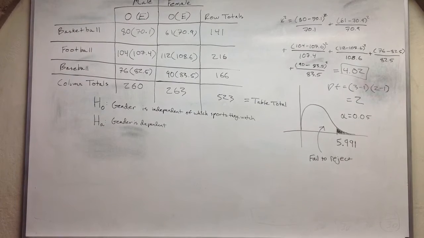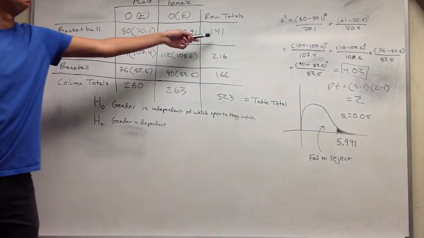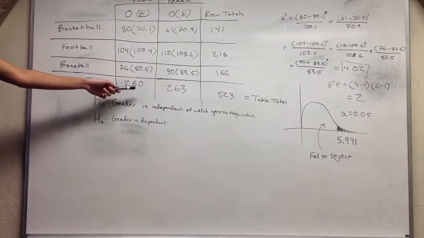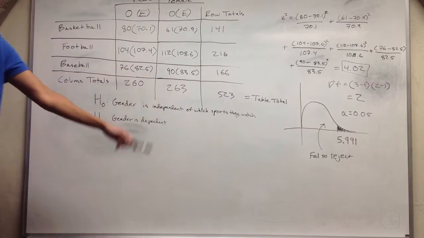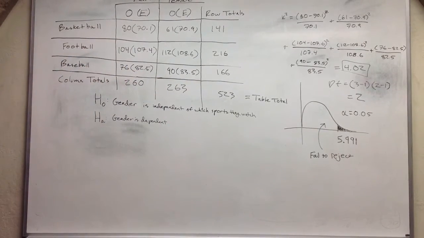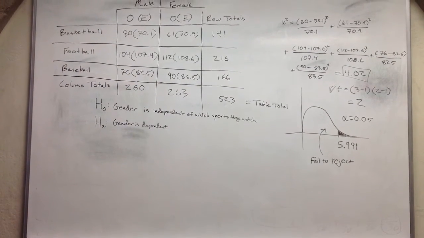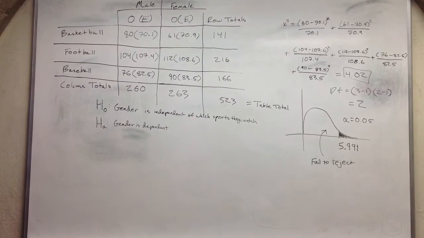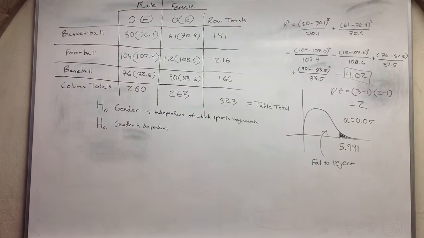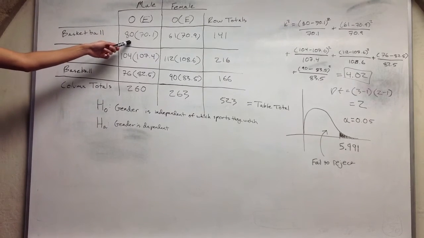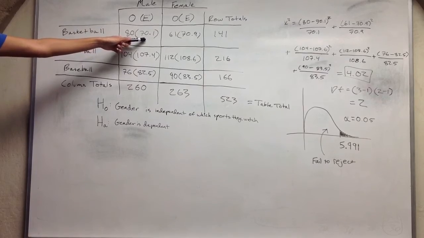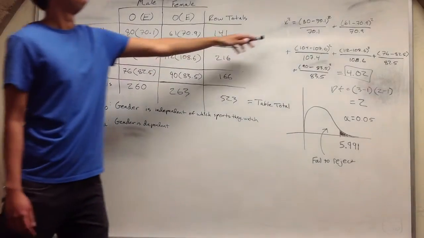To get the expected value, you take the row total and multiply it by the column total, and then divide it by the table total. And that's how you get expected for each one. And to get chi-squared, you take the observed value, subtract the expected value, square that number, and then divide it by the expected value.